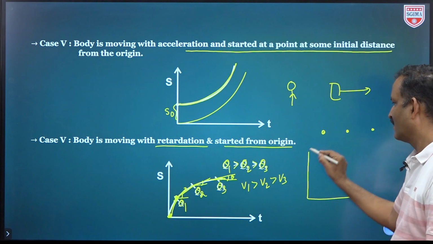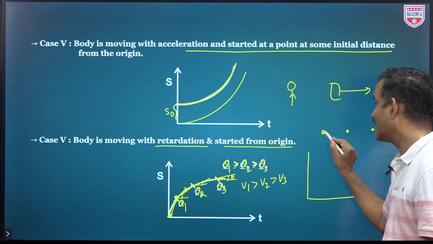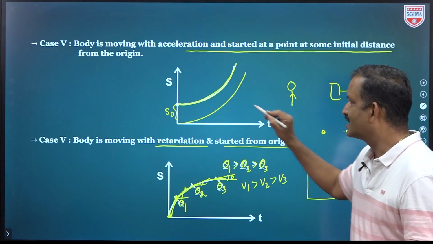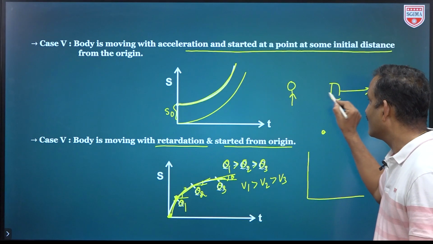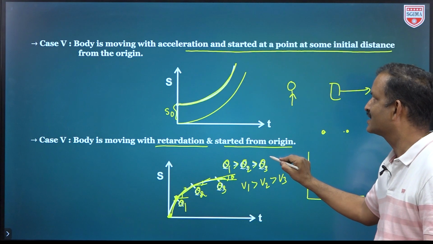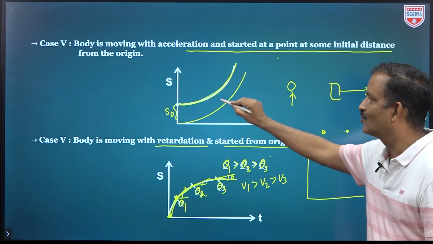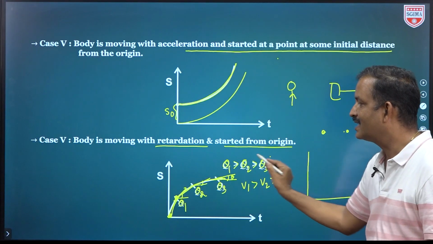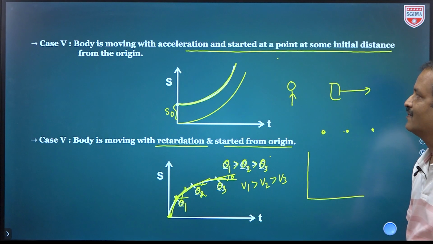That means velocity is positive, but here velocity is increasing. So, this is retardation, this is acceleration, but both have positive velocity. Displacement is an increasing function means positive velocity.